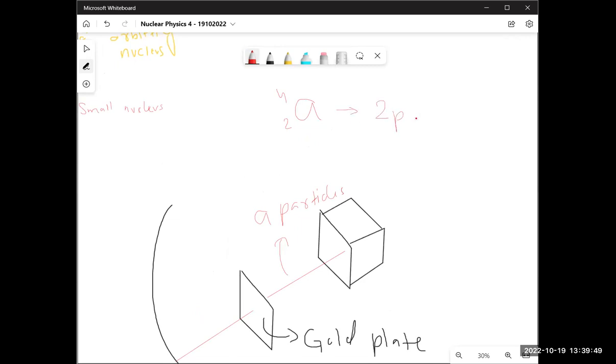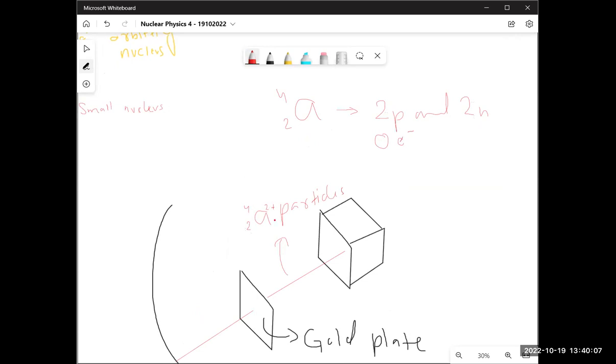Sir, it's +2. It's 2 protons and 2 neutrons. It has no electrons. Okay. So please write this in your notebook. Alpha particle is basically helium-4, with 2 protons and 2 neutrons. So the charge is 2+.